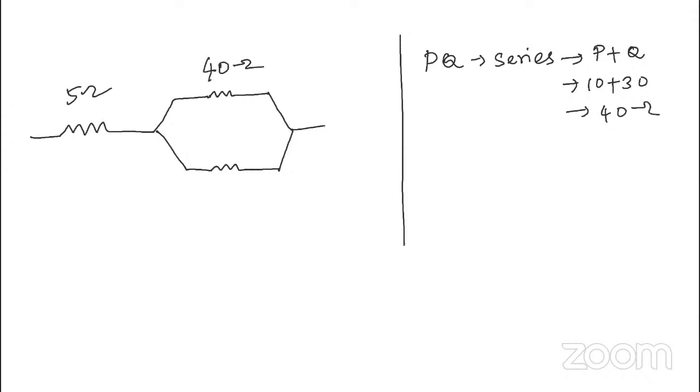Let us now tell me the total resistance of RS in series, by adding R plus S. Here it is 30 plus 90. What is 30 plus 90?